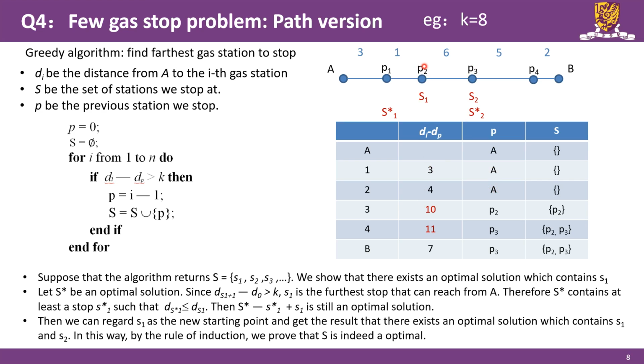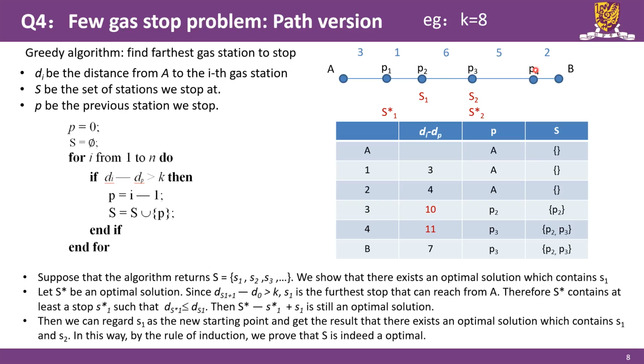So by this rule, we conclude that we need to update the previous gas stop, where the current index i is 3. So P will be updated as 3 minus 1, that is P2. Then P2 will be added to the record of the gas stops that we stop at, so S will also be updated.